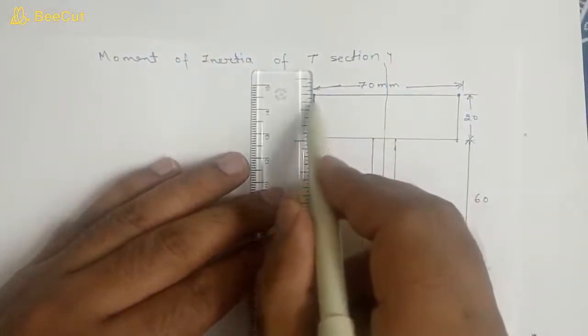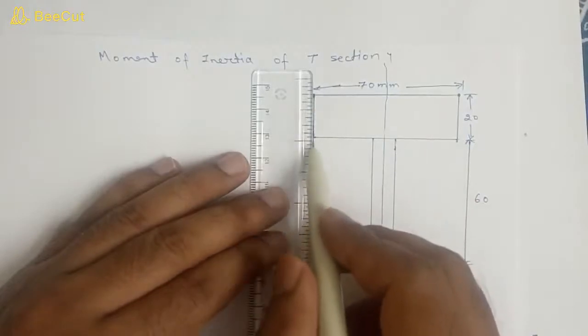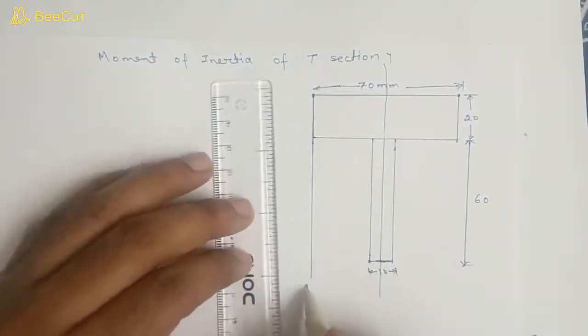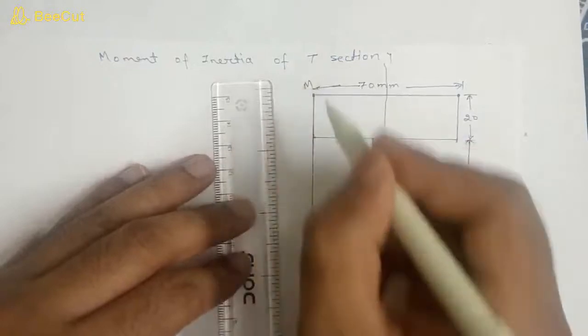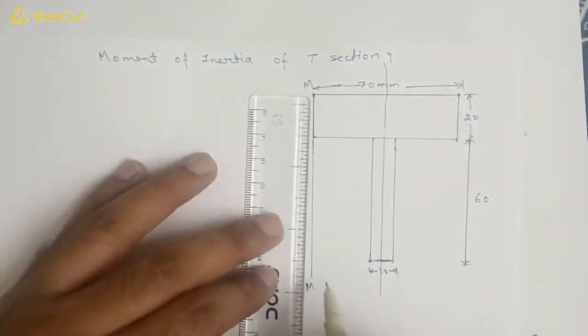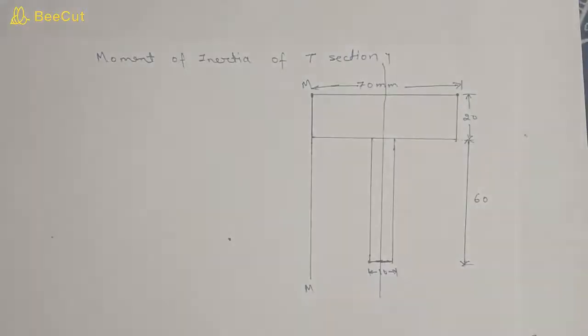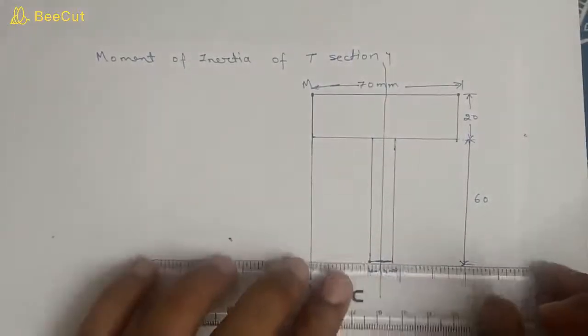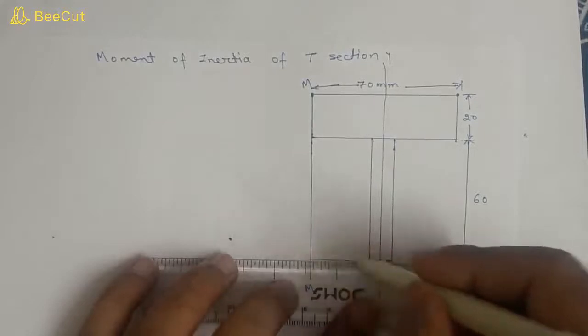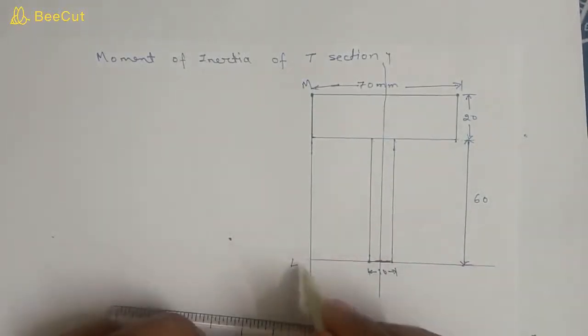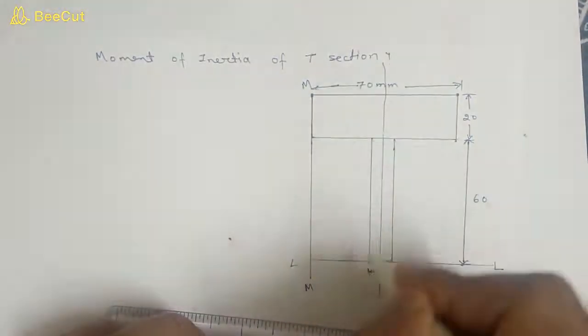So if we consider a line mm here, with respect to this line we will measure the x coordinates, and from this line ll we will measure the y coordinates.